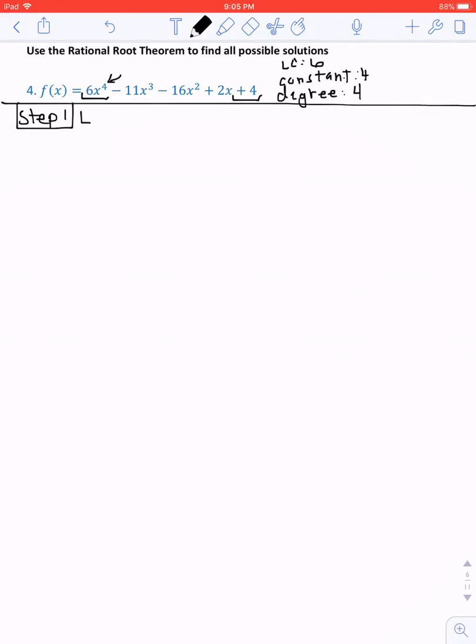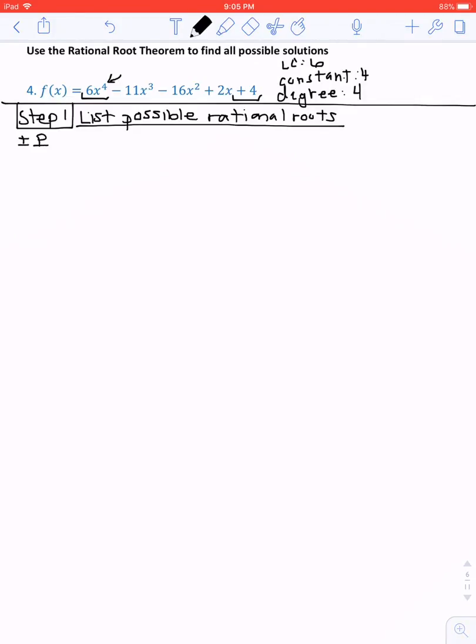All right, so step 1 is to do what? To list possible rational roots. What is that tiny formula for that?